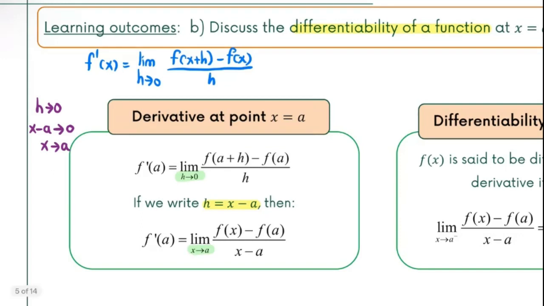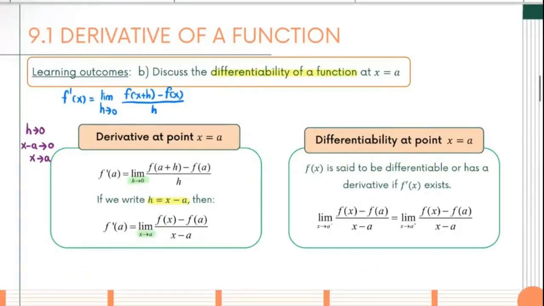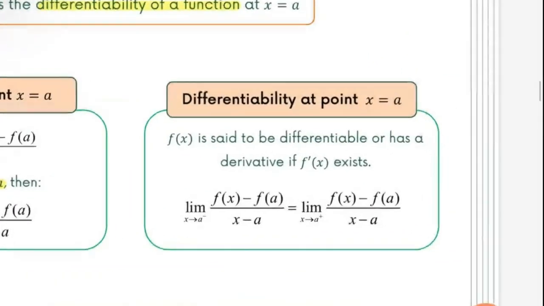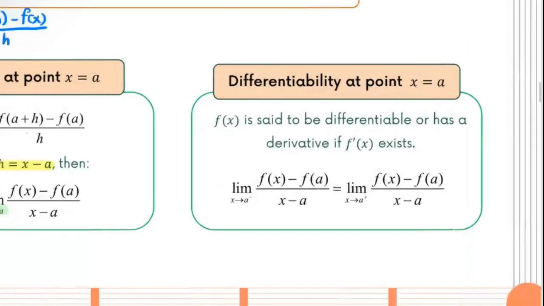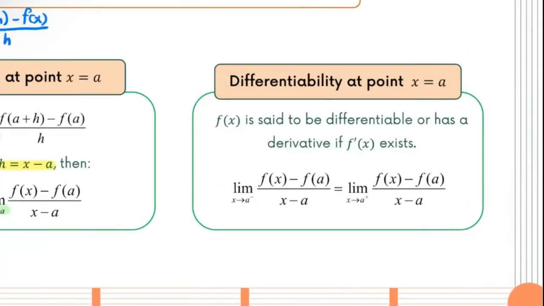Okay, so bila nak cari differentiability at point x equals to a, so untuk part ini pula, perhatikan ayat ini. Fx is said to be differentiable or has a derivative if f prime x exists. Okay, so fx is differentiable if f prime x exists.